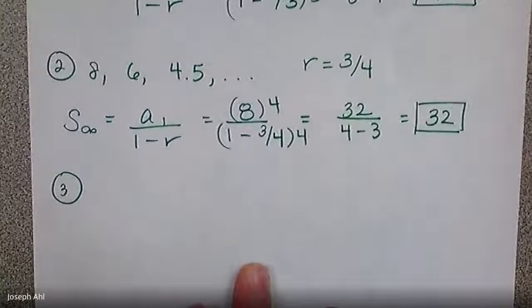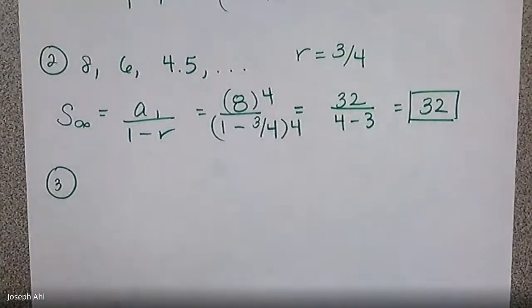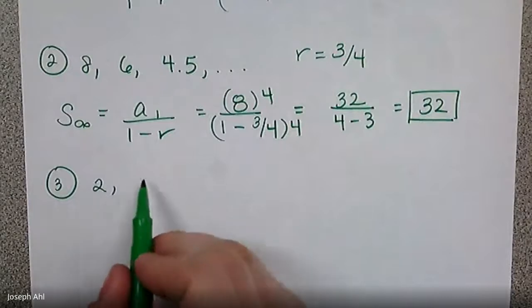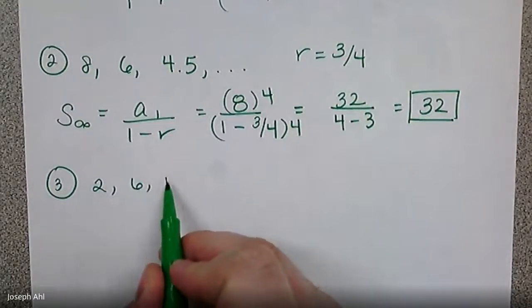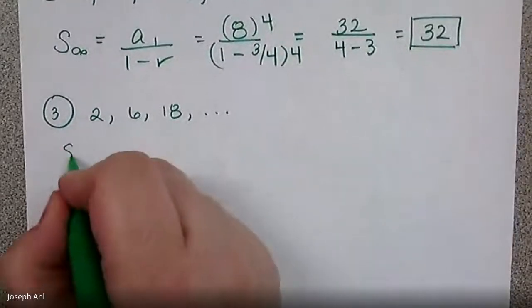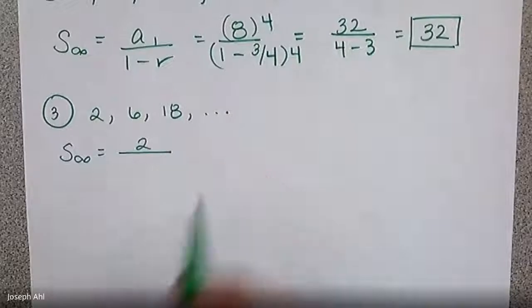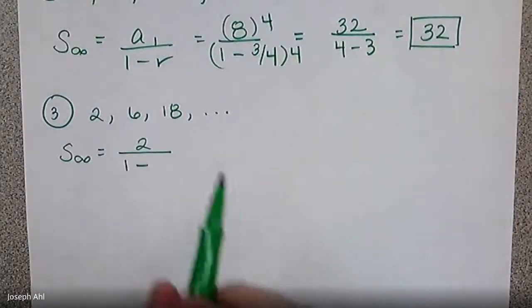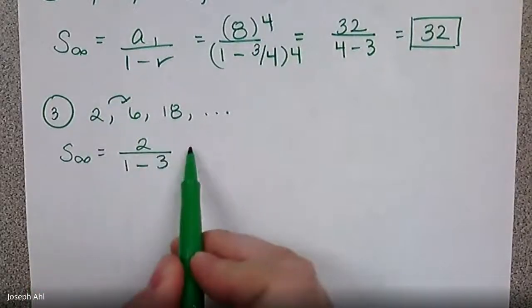Okay, so let's try something like 2, 6, 18, dot, dot, dot. Okay, so this is an infinite series with the first term of 2. And the ratio that I'm multiplying by here is I'm multiplying by 3 each time, right?